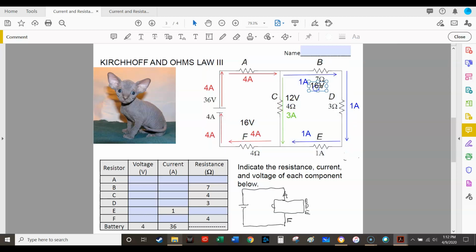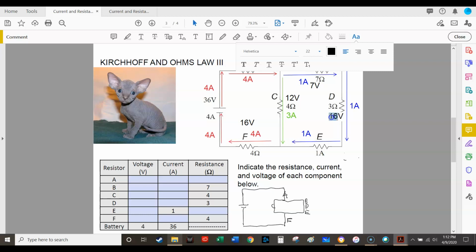So that is going to be just 7 volts. D is 3 ohms and 1 amp, which is 3 volts. And we don't know what E is, but we'll be able to figure it out.